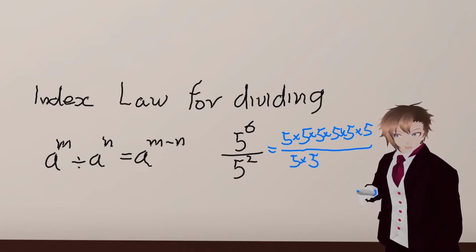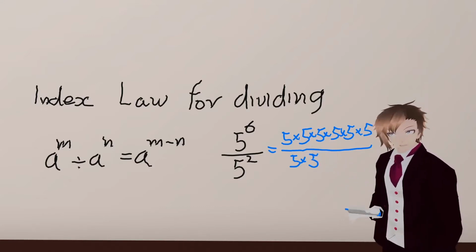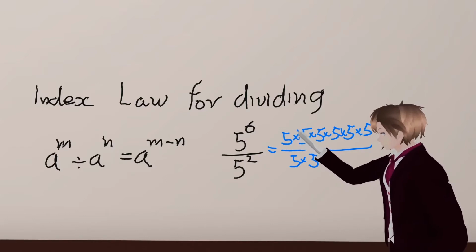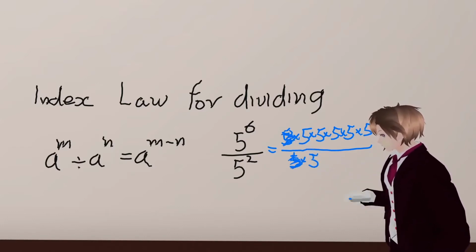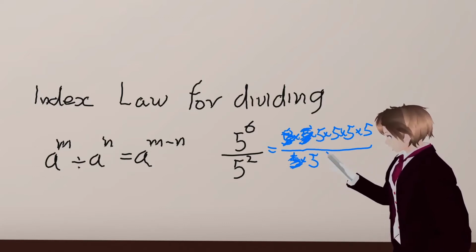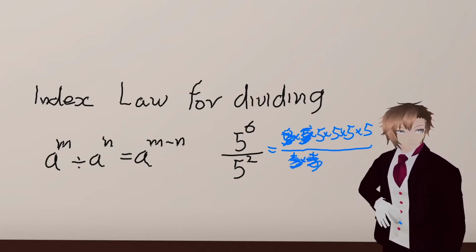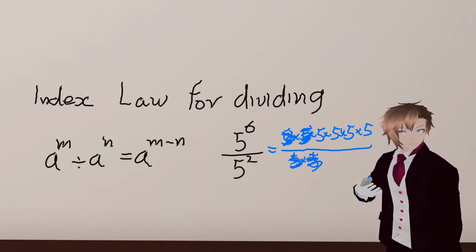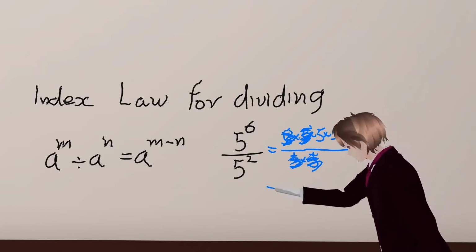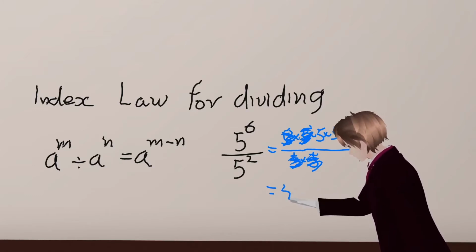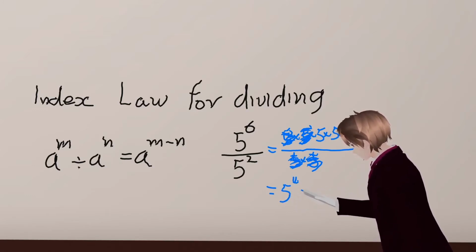Now when we have a 5 on the top and a 5 on the bottom, we can cancel them out, because 5 divided by 5 is 1. So let's cancel out this 5 and this 5. Let's cancel out this 5 and this 5. Now all we have left is 4 5s on the top. We're going to write this as equal to 5 to the power of 4.